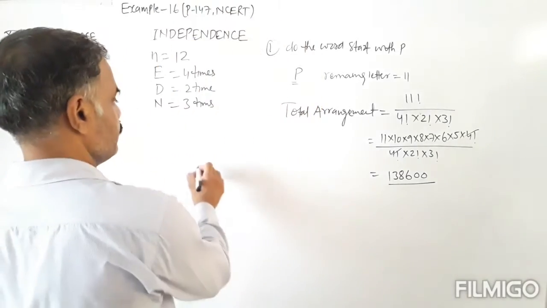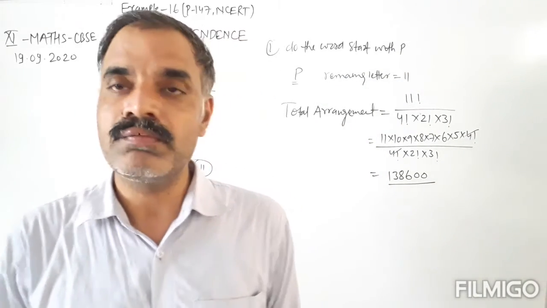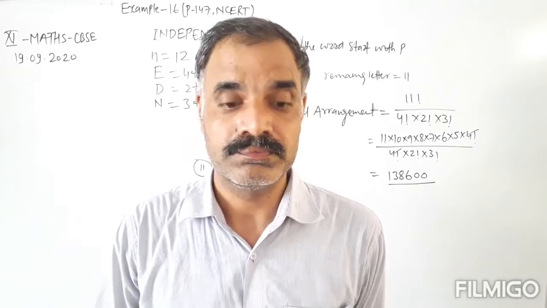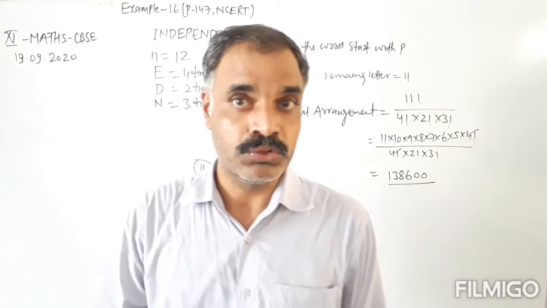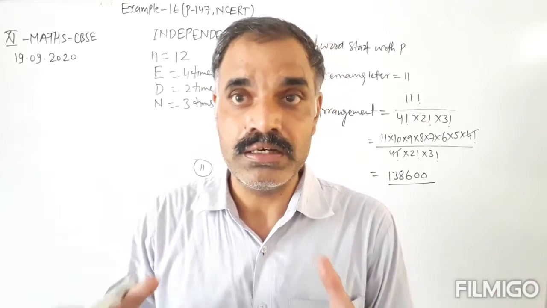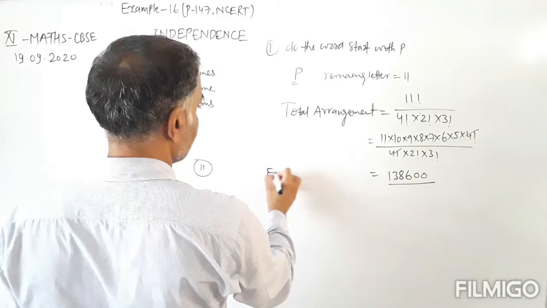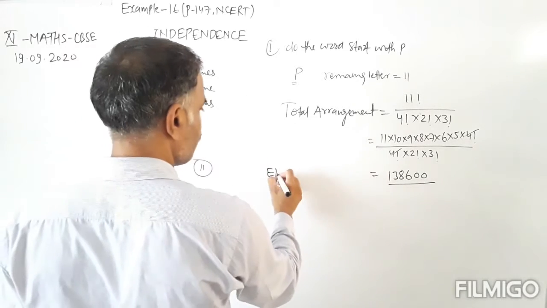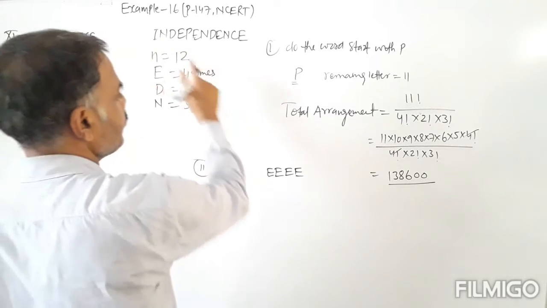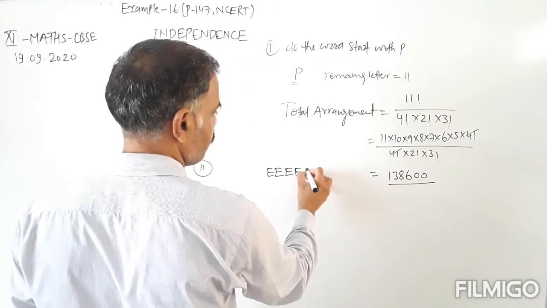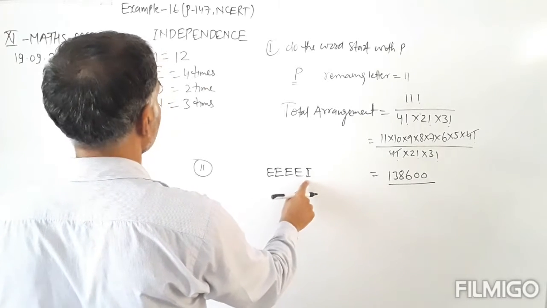The second part of this question is: do all the vowels occur together? We have to find all the permutations when all the vowels occur together. All the vowels: E is repeating 4 times, and I is also a vowel, so there are 5 vowels, E 4 times and I 1 time.